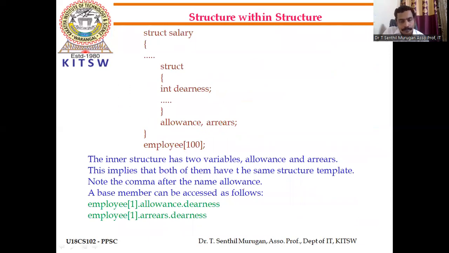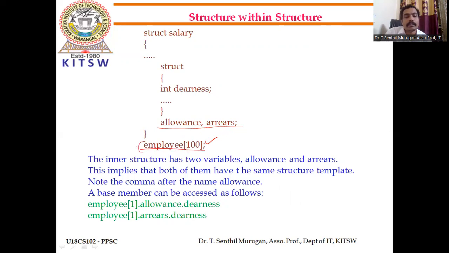Structure of array can also be used here, the same thing we already discussed. For 100 people, you can use employee1.allowance.dearness for each person, and you can access employee1.arrears.dearness, so that you can calculate. Here two variables are declared, here 100 variables are declared.